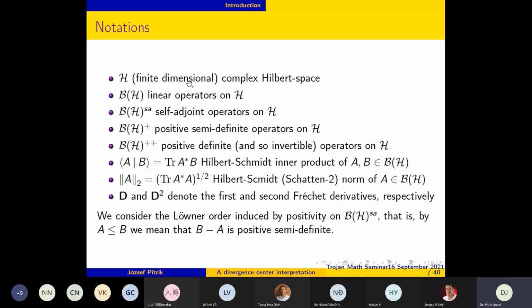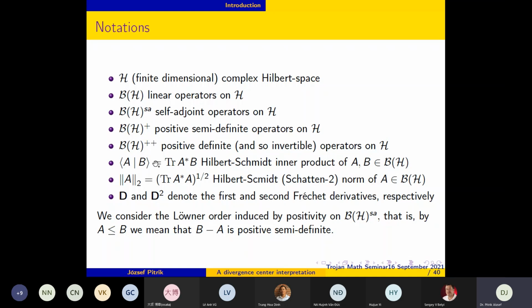When we have a finite dimensional Hilbert space, for example of dimension n, B(H) is nothing else but the n by n matrices, with the n by n self-adjoint matrices, positive semi-definite and positive definite matrices as well.